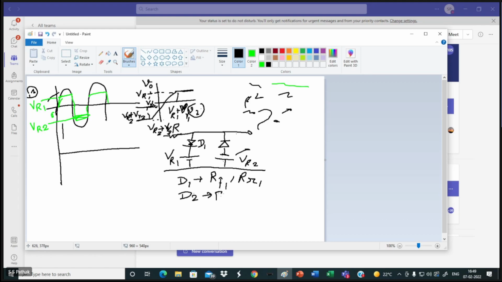Now you will be able to solve the numerical when these values change. The resistance R as such was not taken into consideration because the diode was ideal and no voltage drop was taking place across this R, so nothing was subtracted from there. In the ideal case, it was not needed.